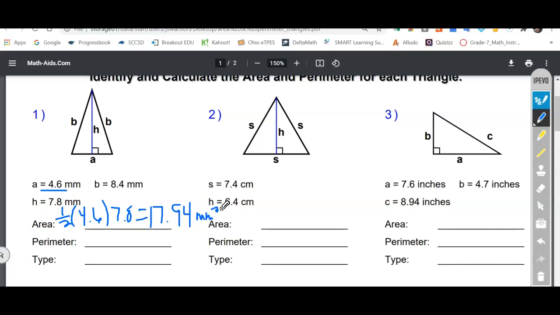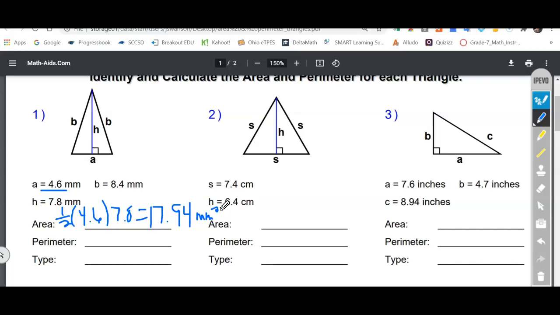Add up A plus B plus H? Not necessarily. What?